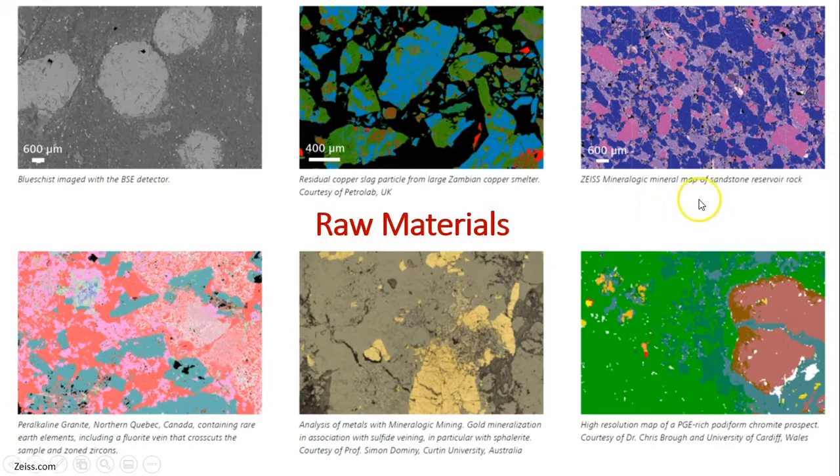For example, this one is a mineral map of sandstone reservoir rock. And also to analyze, for example, the paint or materials used for some artwork in a museum. Sometimes you need to restore artwork, and you need to use the same materials to restore the artwork.